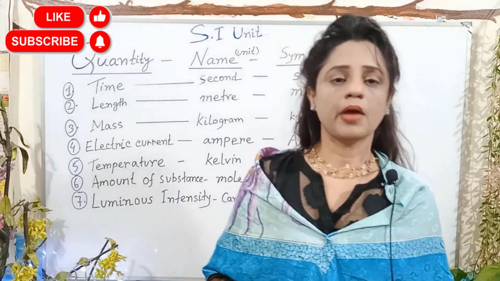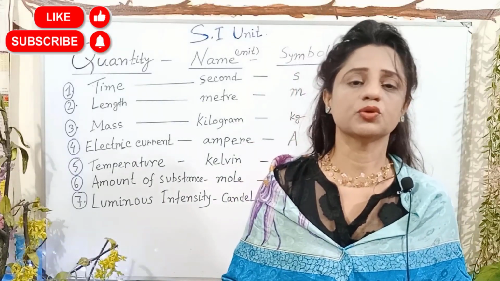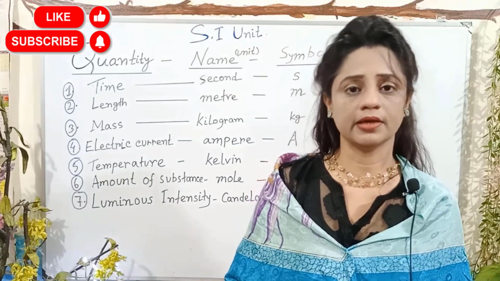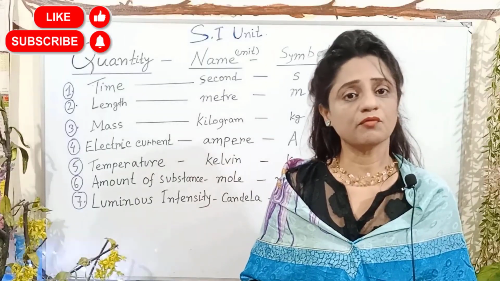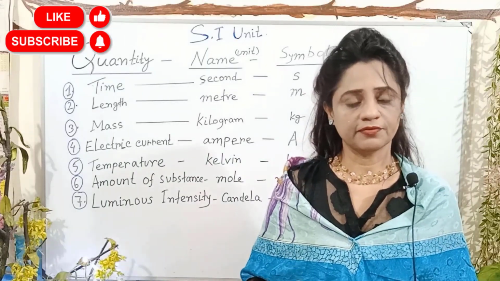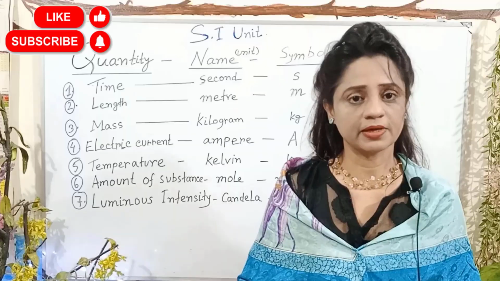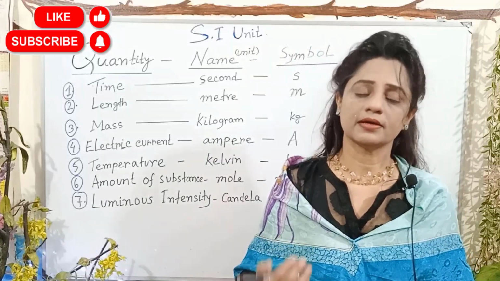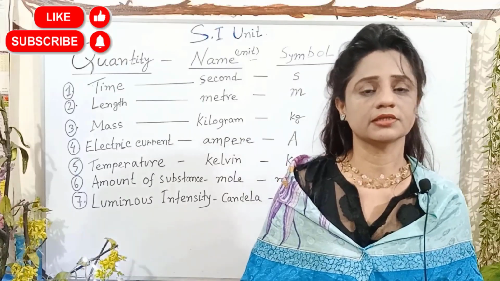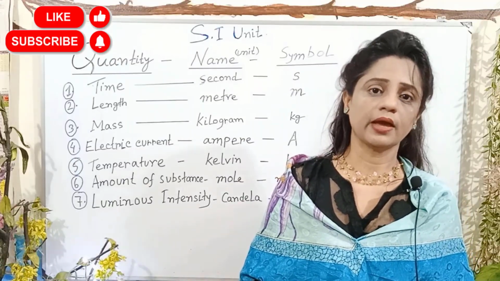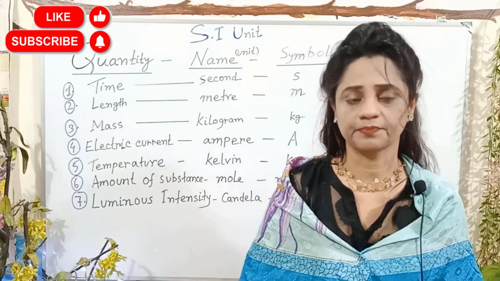Again, mass of an object is a total measure of the amount of matter in that object. So mass and weight are completely different things. There is a basic difference: when we consider gravitational acceleration, then it comes to weight, W, weight equals mg, where m is mass.